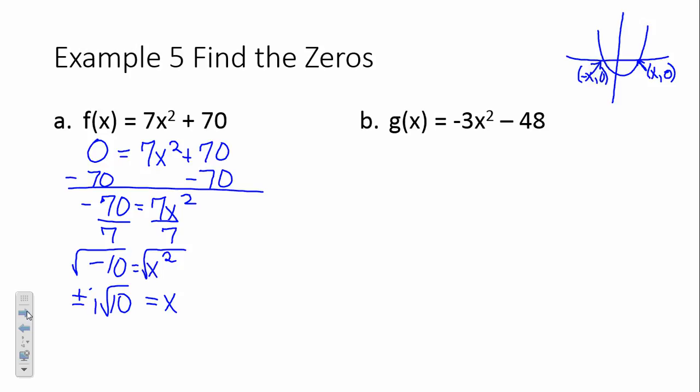Okay. Last one, g of x equals negative 3x squared minus 48. We want the zeros. So set it equal to 0. Okay.